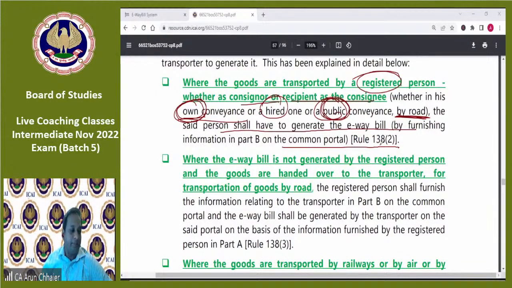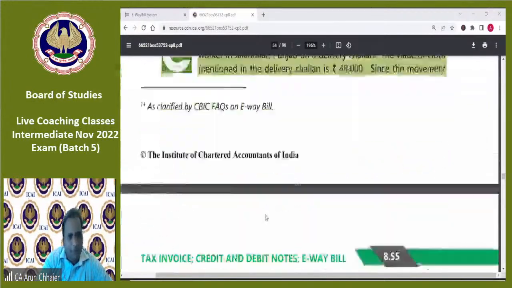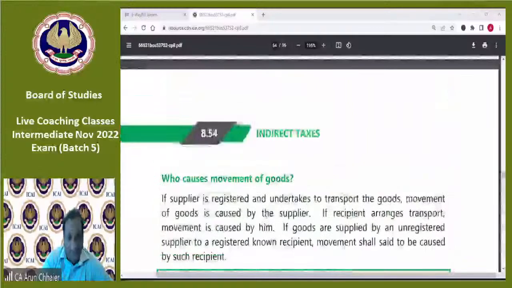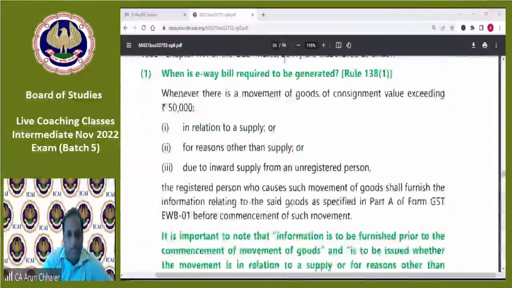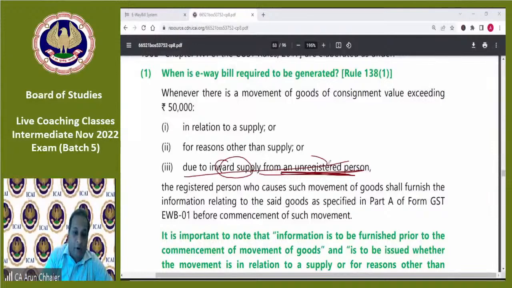Any one party. See, point one. If the supplier is unregistered, then simply go to rule 138 sub rule 1. If Mr. A is purchasing the goods from an unregistered party, then who is responsible to generate the e-way bill? Due to inward supply from an unregistered party, it is the responsibility of the registered party.